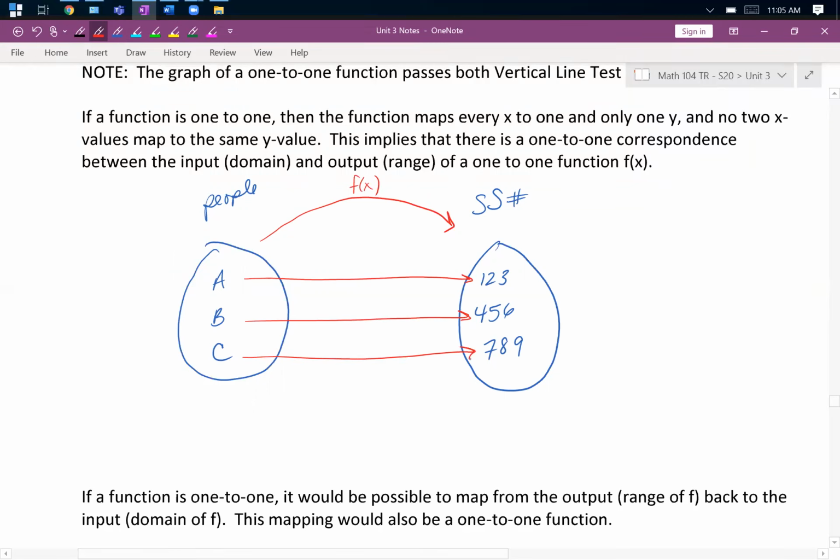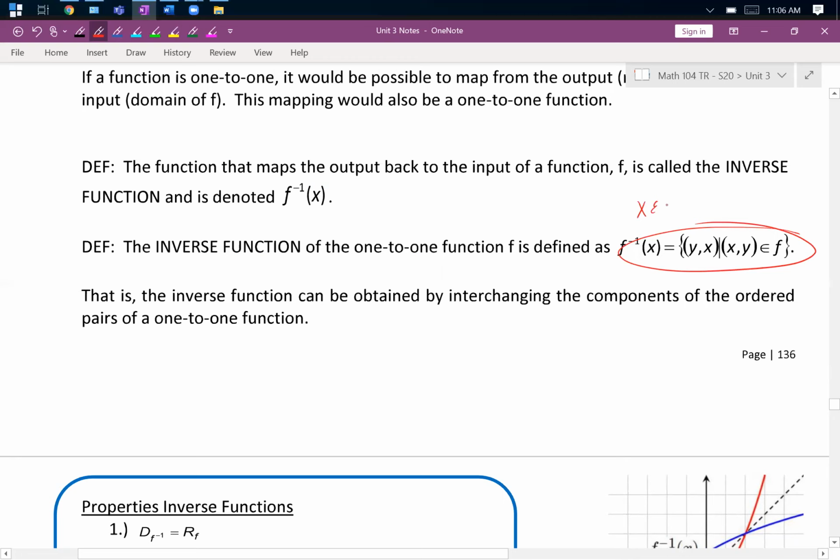All this means here is that x and y values get interchanged. So you simply flip-flop the x and the y in the ordered pair.